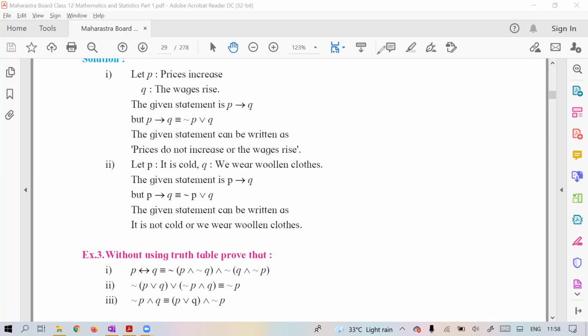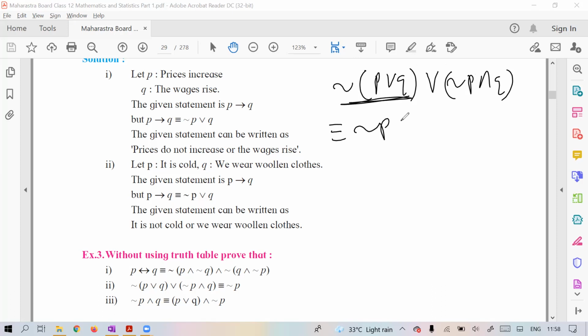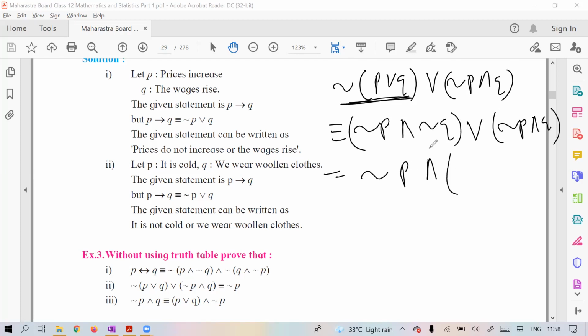Let me prove the second one also. The second one is negation of P or Q, or negation of P and Q. We want to prove it equivalent to not P. Open this negation: negation P and negation Q, or negation P and Q. Negation P you can take outside, so you will get negation Q or Q. You had the formula: negation Q will be false if Q is true.